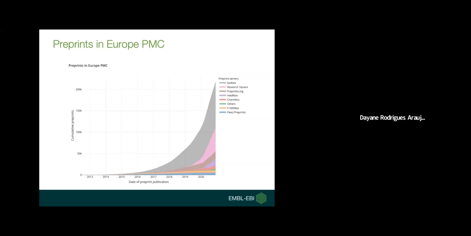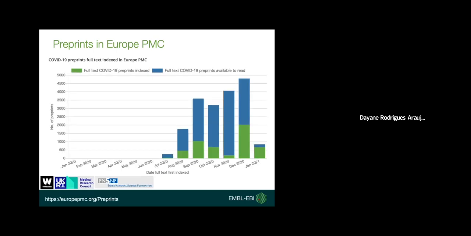Since 2018, Europe PMC has made over 230,000 preprints searchable alongside journal published articles. And in July 2020, Europe PMC began indexing the full text of COVID-19 related preprints to make them searchable alongside peer-reviewed articles.